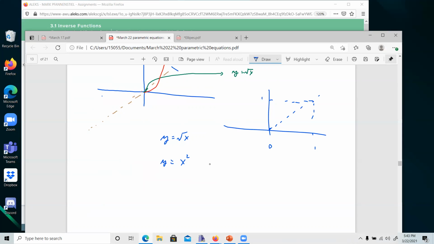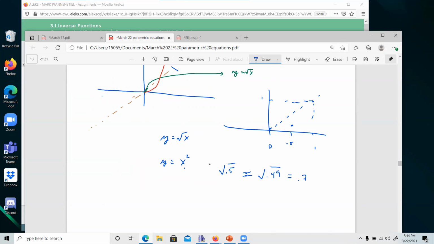But let's try something that's real easy. Let's try 0.5. If I plug in a half here, what's a half squared? It's a half times a half. That's a quarter. That's here. And if I take the square root of 0.5, I'm not going to take the square root of 0.5. I'm going to try, can I get 1 penny less? Can I take the square root of 49?